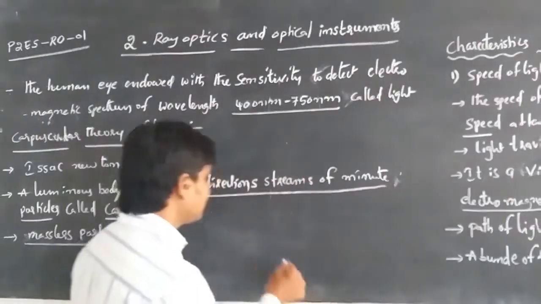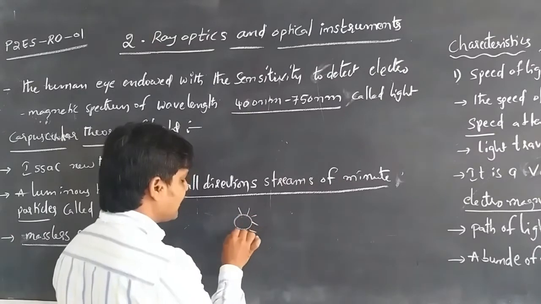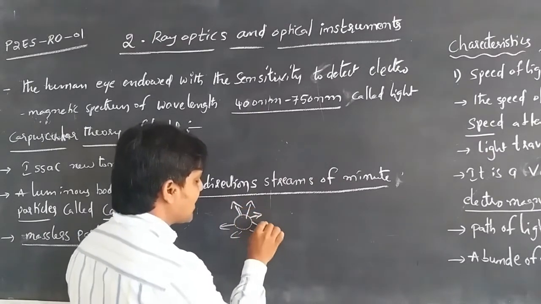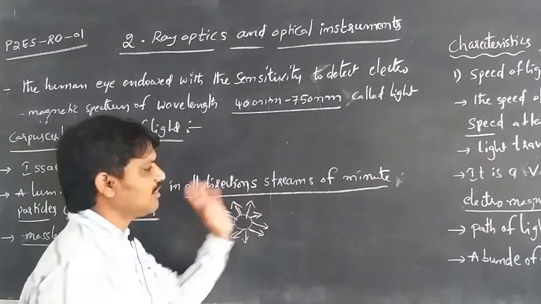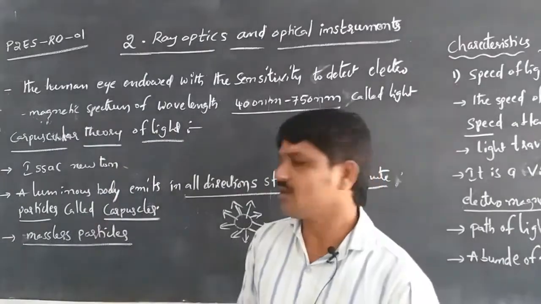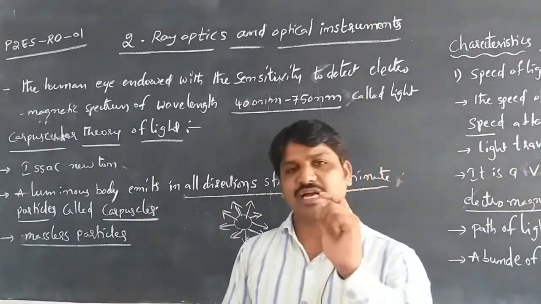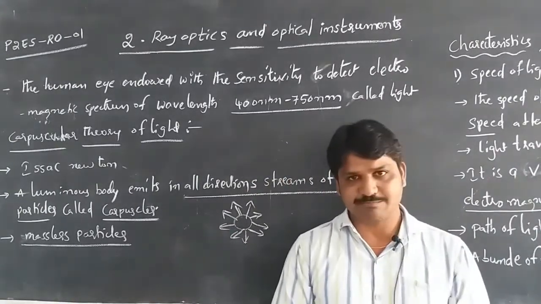Means when the light ray is passing, he decided that massless particles are traveling in all directions in a stream. Those particles are called corpuscles. The particles are massless particles.